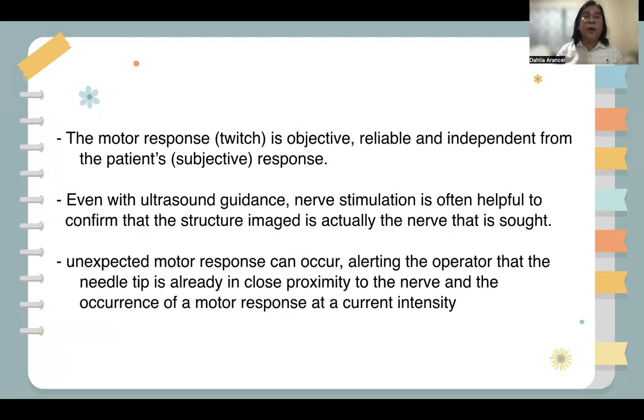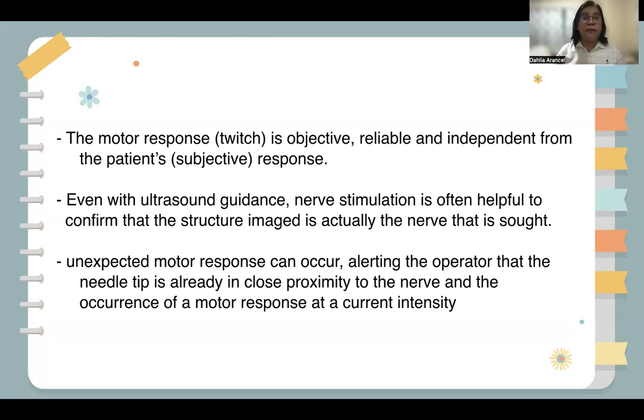The motor response is objective, reliable, and independent from the patient's subjective response. Even with ultrasound guidance, nerve stimulation is often helpful to confirm that the structure imaged is actually the nerve.